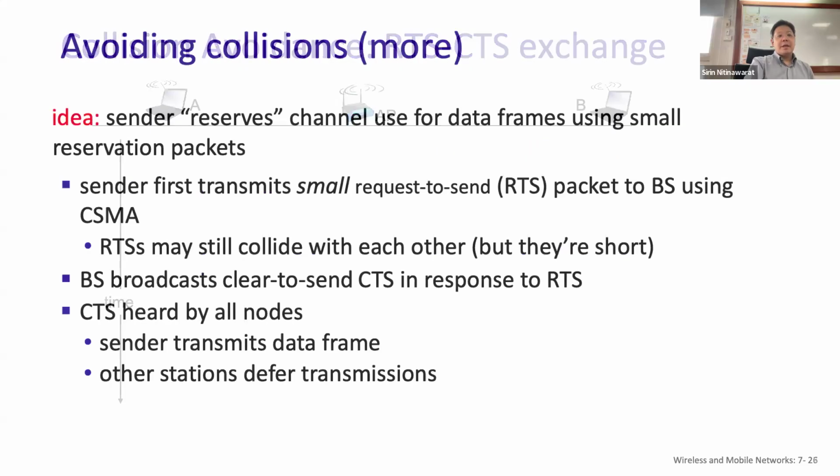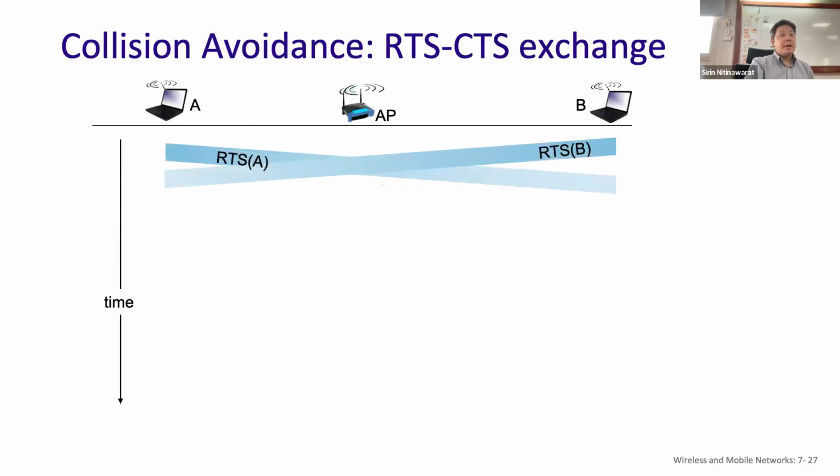So the way it works is something like this. Let's say you have two terminals. They may attempt to transmit at the same time, but due to this mechanism, before they can send real data, they have to negotiate with the AP first. That is done through the request to send frames.